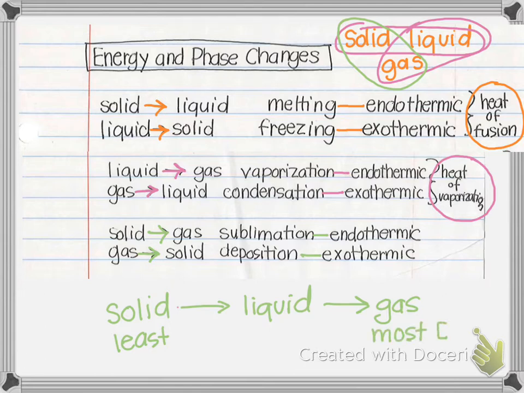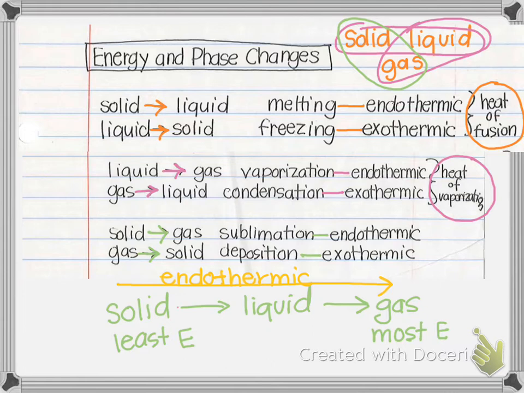I'll just put E for energy. So if we're thinking about endothermic and exothermic, when you go from the least to the most, you're adding energy, and so all of these processes are endothermic. Right? Solid to a liquid, liquid to a gas. You have to add energy.